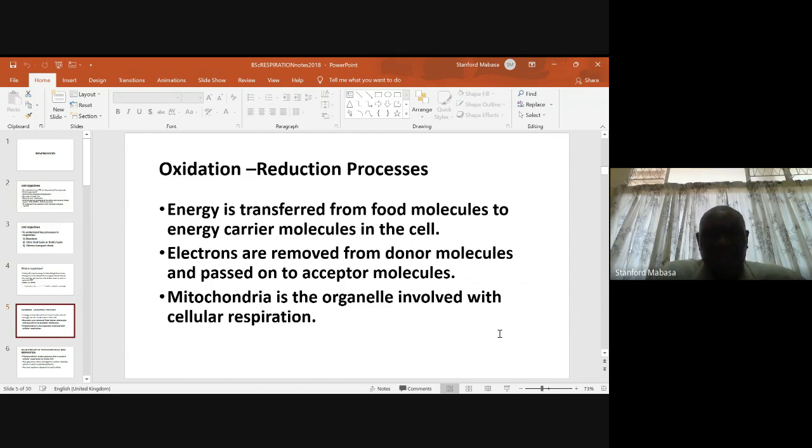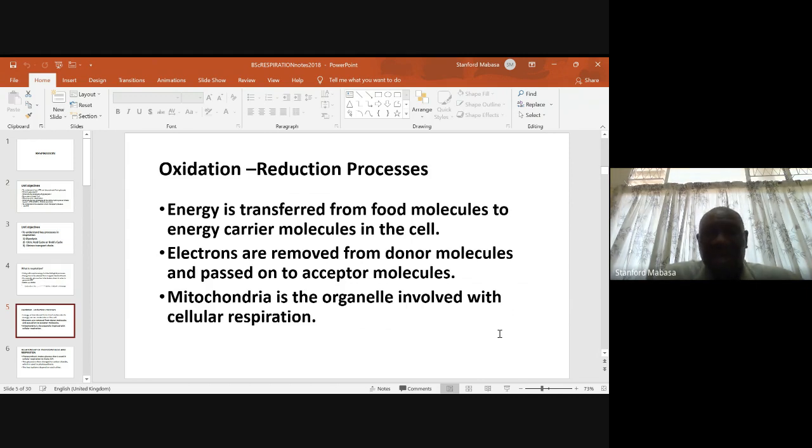Respiration is basically oxidation and reduction processes. Energy is transferred from food molecules to energy carrier molecules in the cell. Electrons are removed from donor molecules and passed on to acceptor molecules.